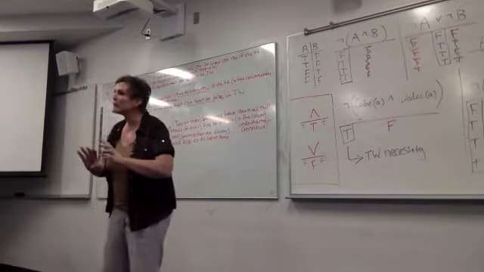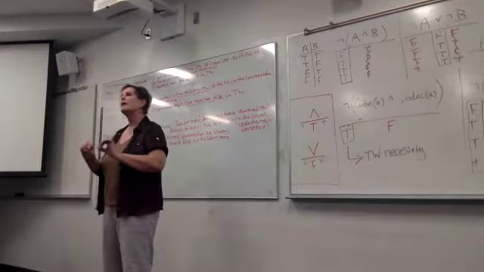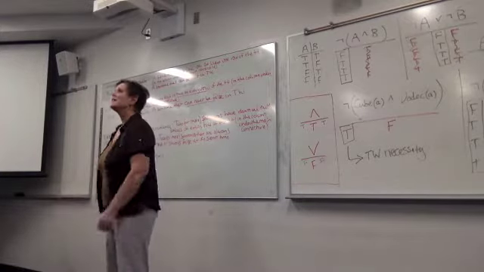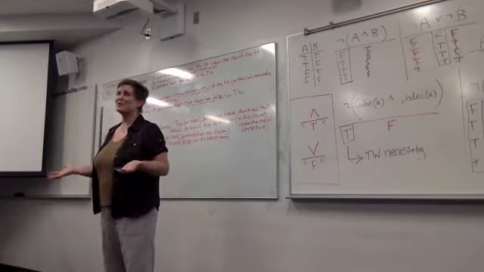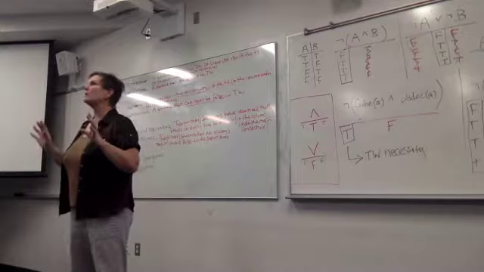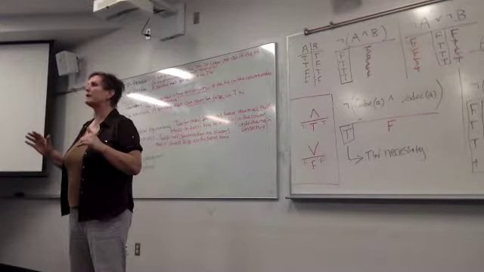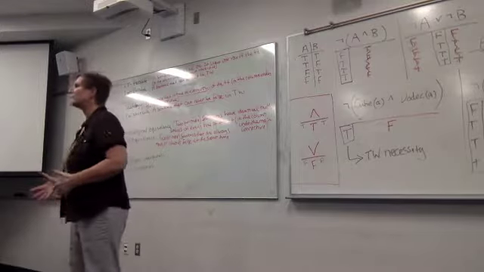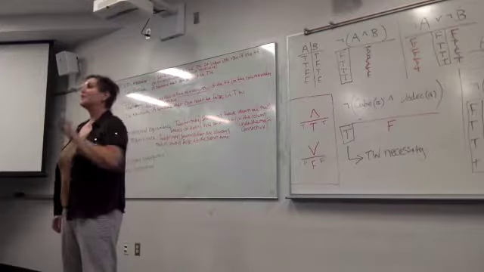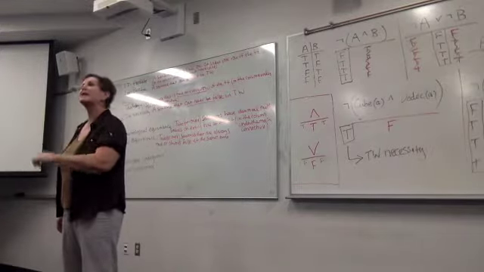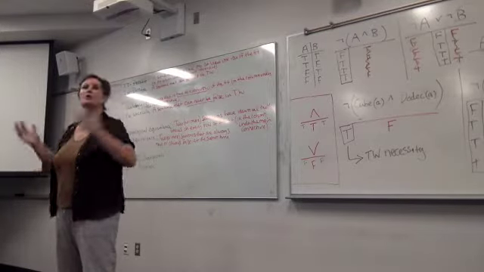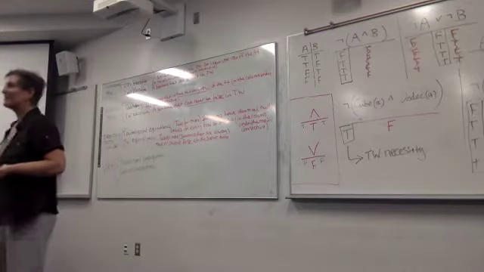nuances, right? In the subtleties of looking at what it is to talk about truth and falsity. And heck, it's a part of our national discourse right now, right? People are having trouble making sense of certain claims because, well, it's just obvious that it's true, or it's just obvious that it's false. But when you actually have to say, no, I can explain to you why this is a problematic claim that you're making, I can explain to you why it's true or why it's false, rather than just, well, duh, it's obvious, and if you don't get it, I hate you, and I'm not going to be your Facebook friend anymore, right?